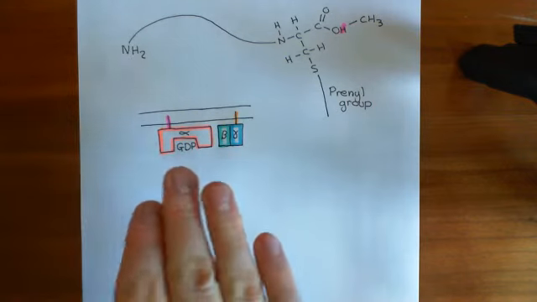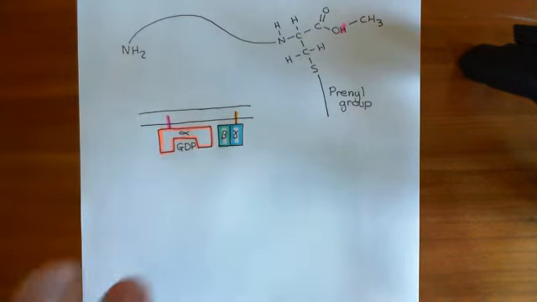That's how these are remaining in the position that they need to be in order to interact with G protein coupled receptors. In the next video, what we'll talk about is the G protein cycle. So what happens when a G protein coupled receptor becomes active, how it interacts with these, and then how they deactivate, basically.